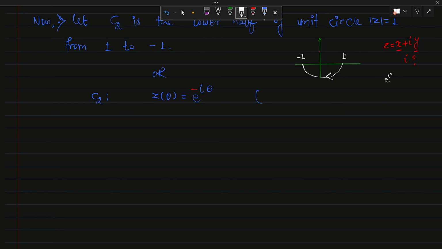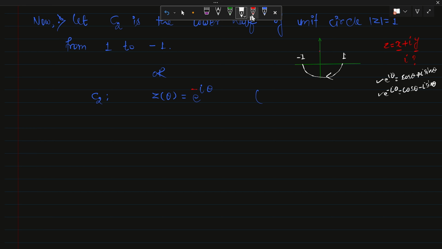So we know e to the power iota theta is nothing but cos theta plus iota sin theta. And at the same time e to the power minus iota theta is cos theta minus iota sin theta. So this will give us the upper half of the circle and this will give us the lower half of the circle with this orientation.